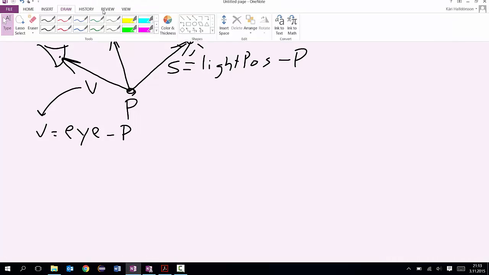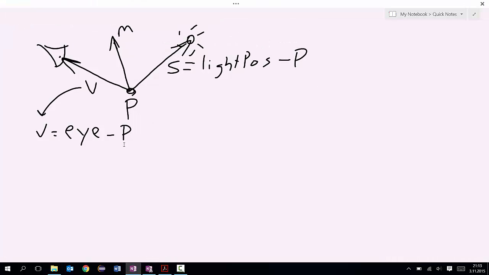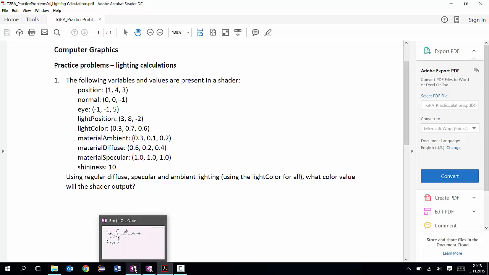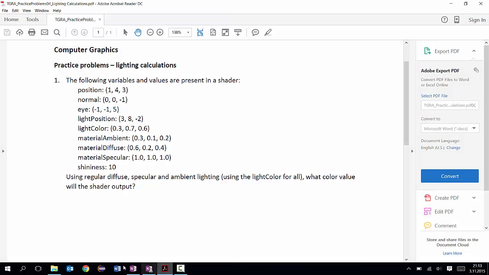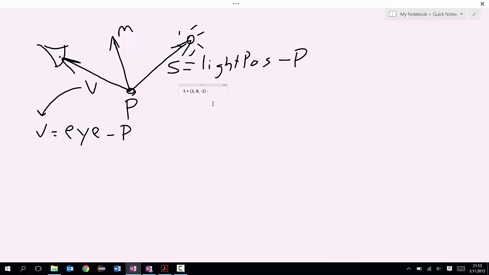If we go back here and just write this in: S equals the light position, 3, 8, minus 2, minus P, which is 1, 4, 3. Which will give us 2, 4, minus 5 for S.